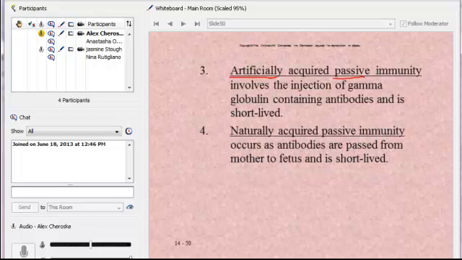The last one is called naturally acquired passive immunity. This is where antibodies are passed from mother to baby. Antibodies cross the placenta, and those antibodies that are produced by the mother are then passed to the fetus and help the fetus, or we talk about breastfeeding.